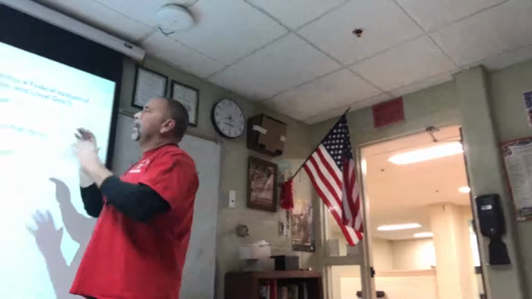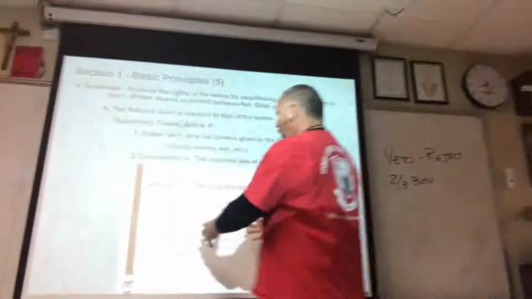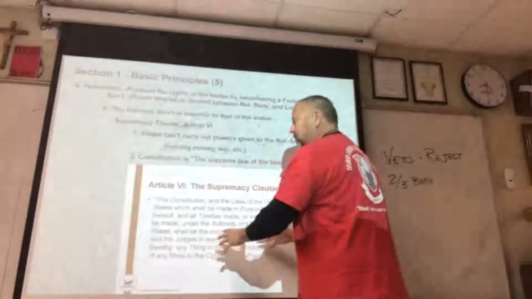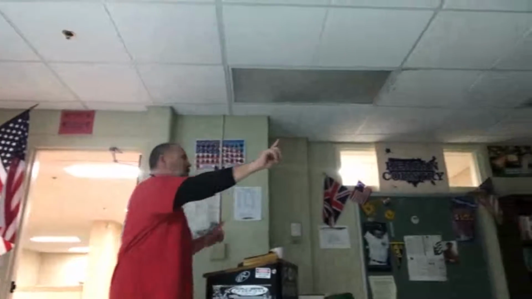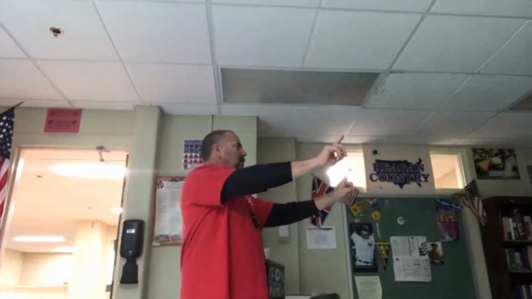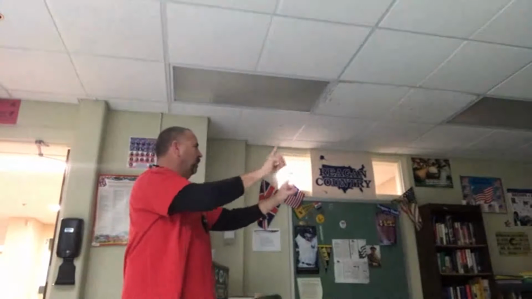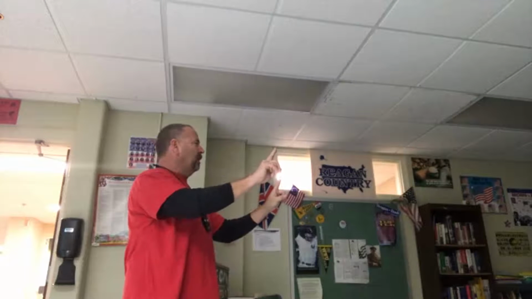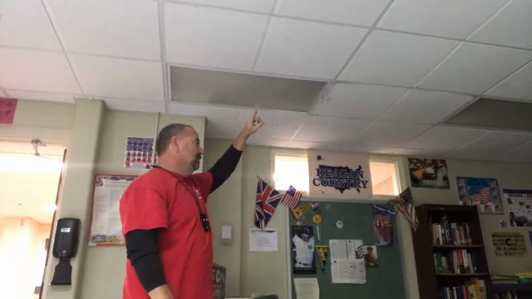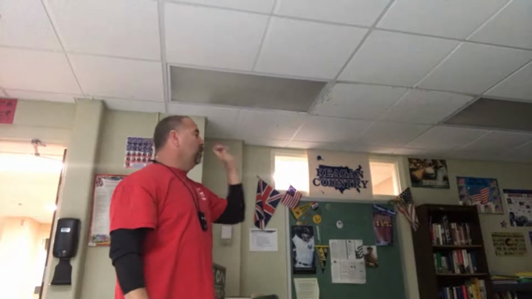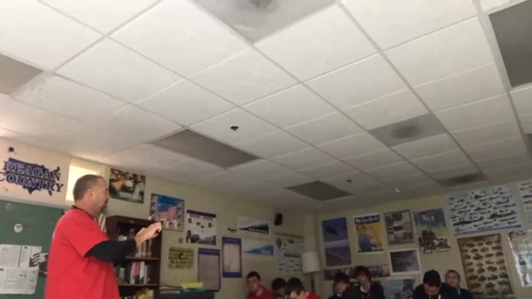Now, what Article 6 talks about is federal supremacy. So if you have a state law and a federal law that are different, which law outweighs the other? The national government law wins. Yes? If you have the U.S. Constitution versus a state constitution, which one is supreme?